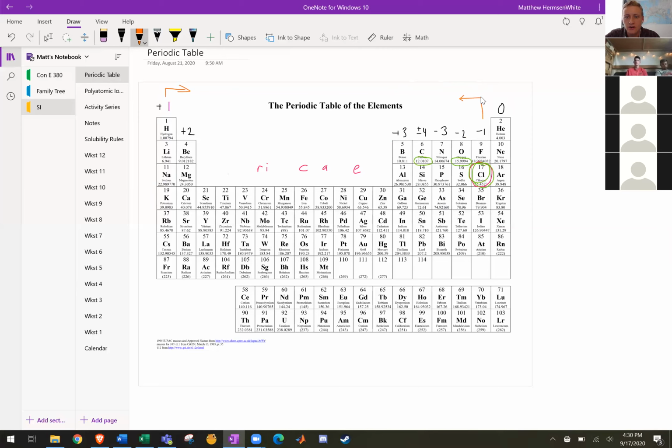So if we were coming across the periodic table this way, we would run into chlorine first before we got to carbon. Again, I'm not sure if this is a technical explanation, but it's a practical way to go about it. As we're coming left, we run into chlorine first, then carbon.